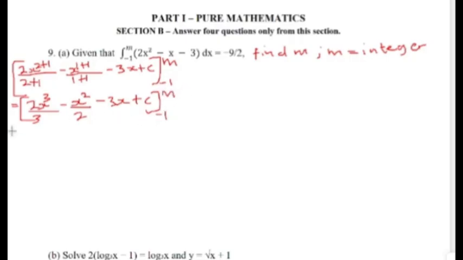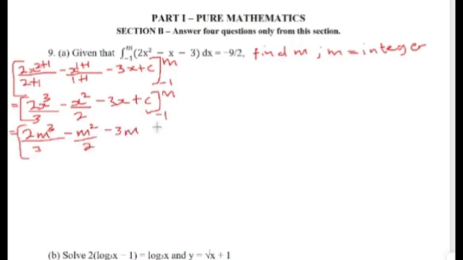Okay, so let's get right into that. I'm going to substitute the upper limit, that is 2m cubed divided by 3, minus m squared over 2, minus 3m.